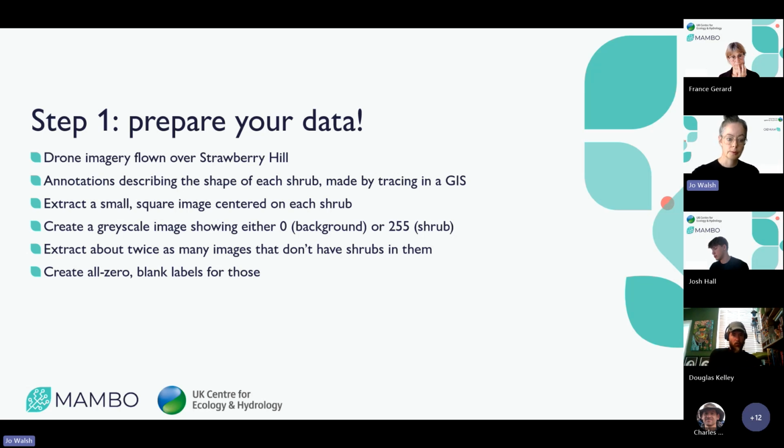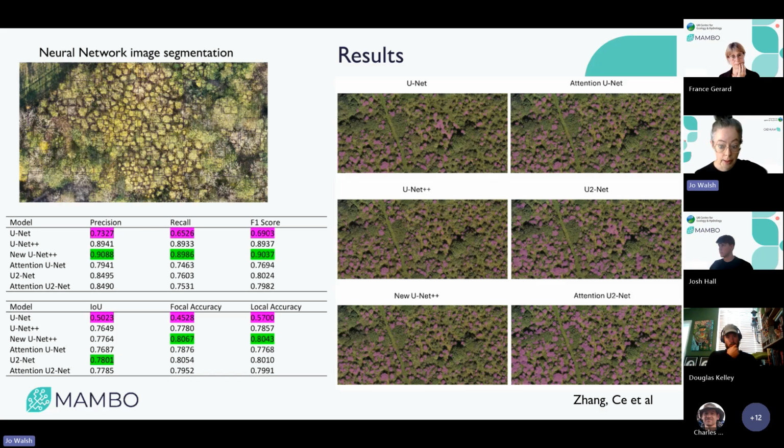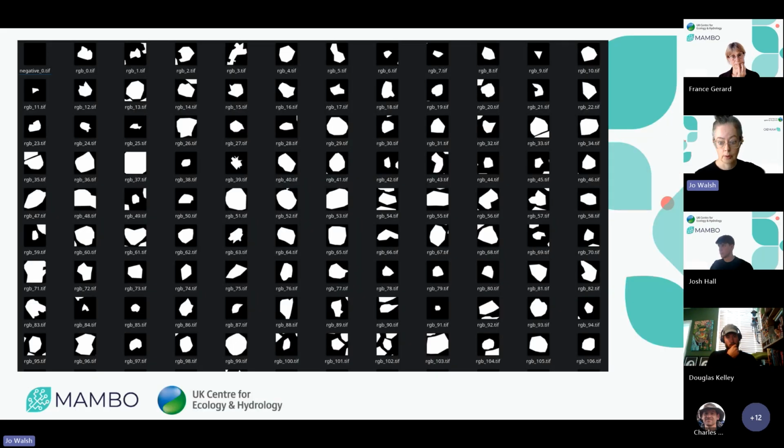So we extract a small square image that's centered on each one and create a grayscale image that's either showing 0 for background, not a shrub, or 255, it is a shrub. And then also extract about twice as many images that are pure background, so we can show the model what isn't a shrub as well as what is.